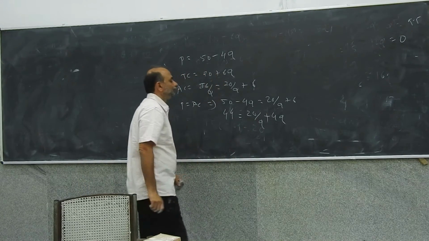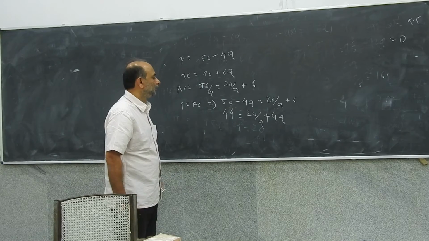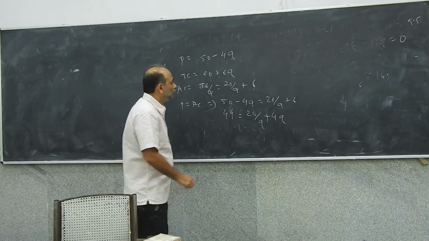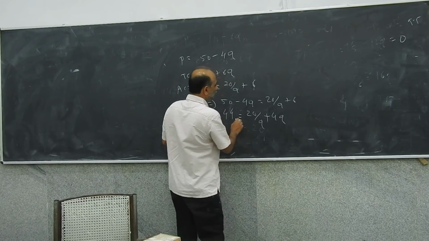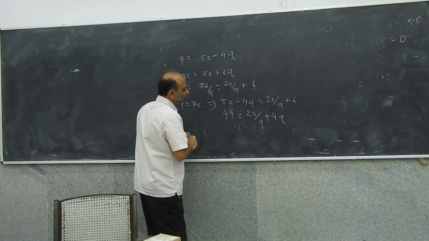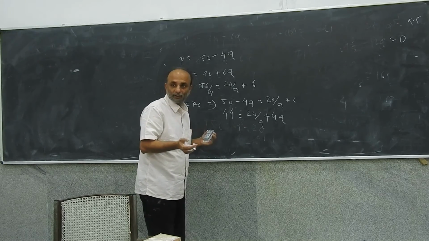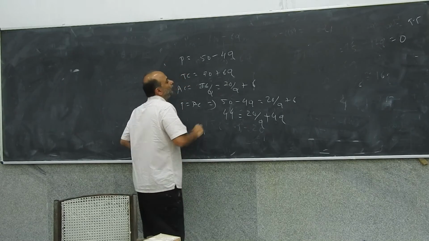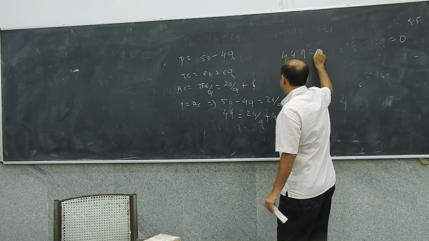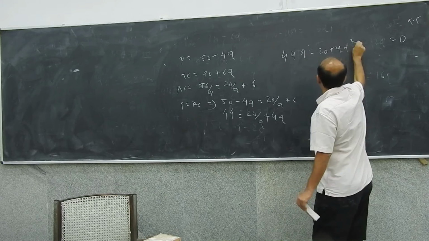So what does that mean? If we solve it quadratically, what do you get? So 44Q is 20 plus 4Q square.